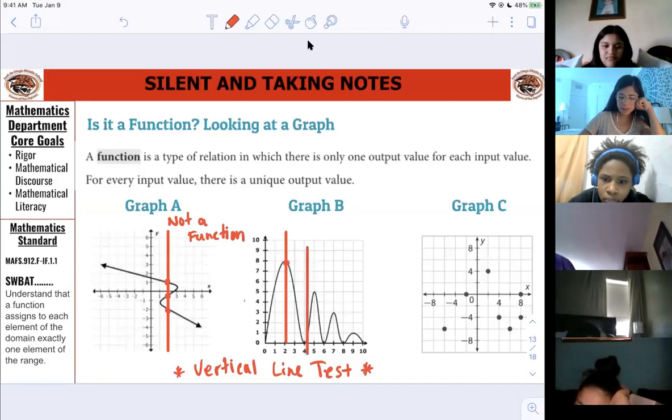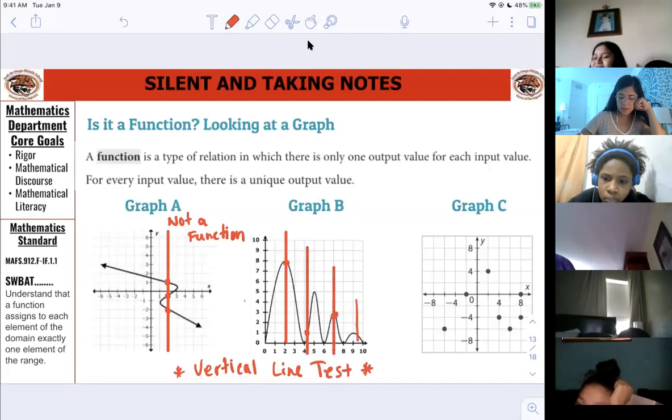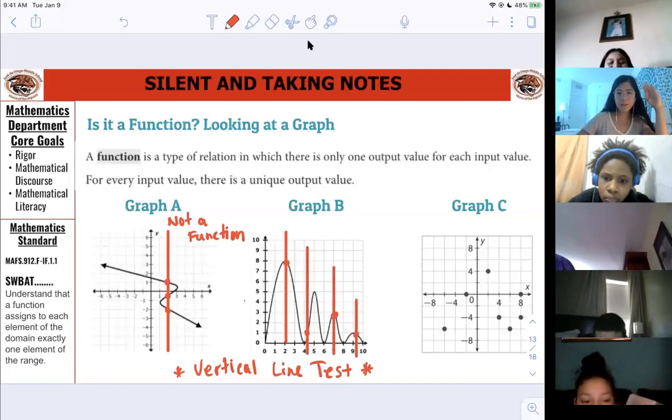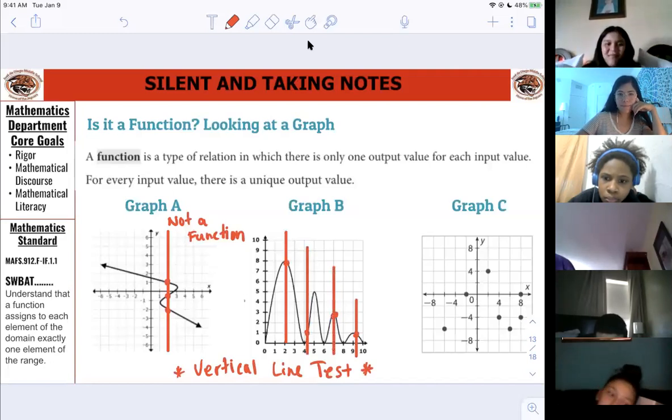How many times does it cross there? 1. How about here? 1. Is there any place where it would cross multiple times and stack? No. So that means it's a function. Since it doesn't stack anywhere, this one is a function.